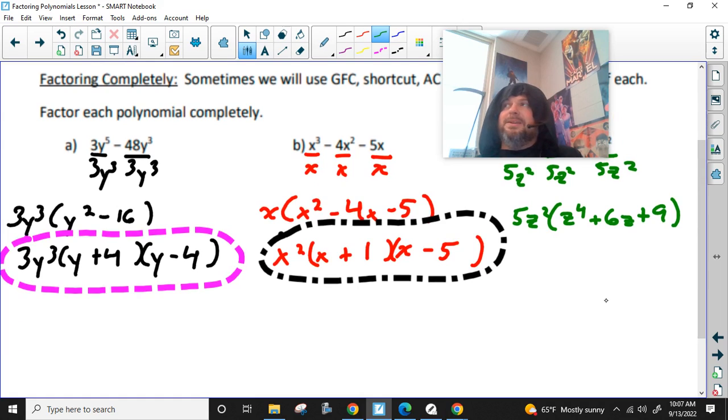I put everybody's name in a hat today, and I was like, who's the one student I'm going to make mad by using Z? And you were the person. I'm not a terrible person.